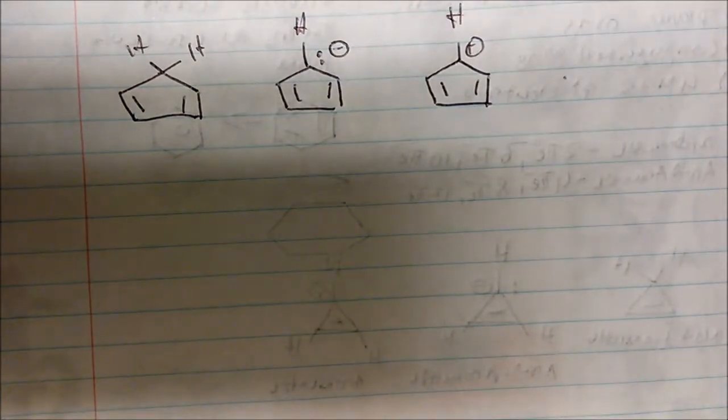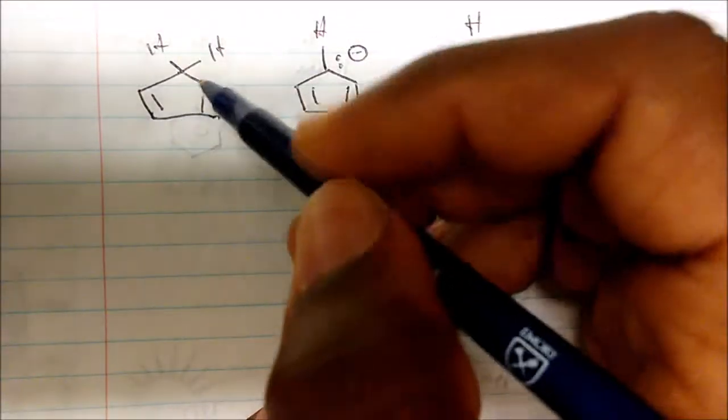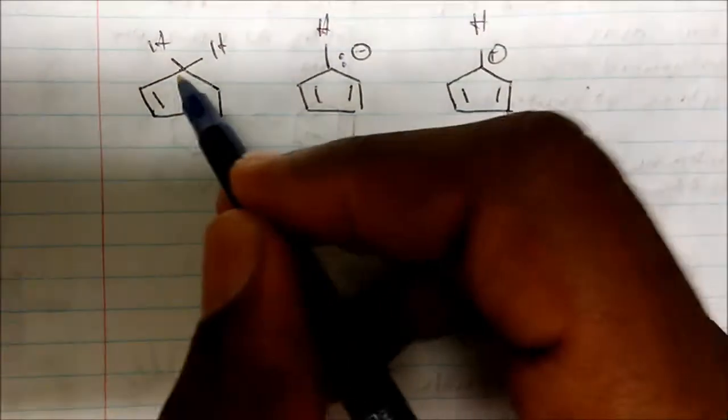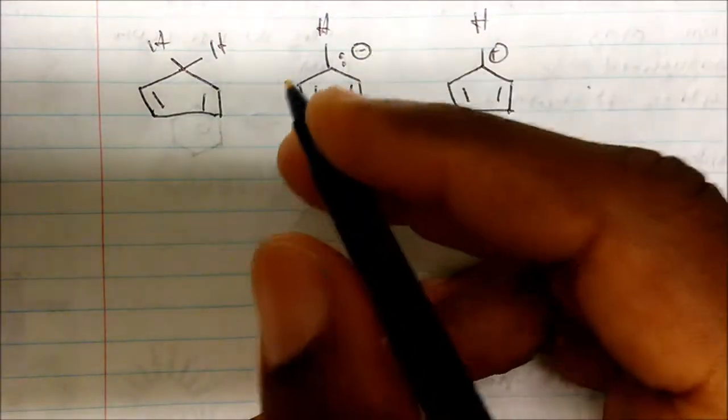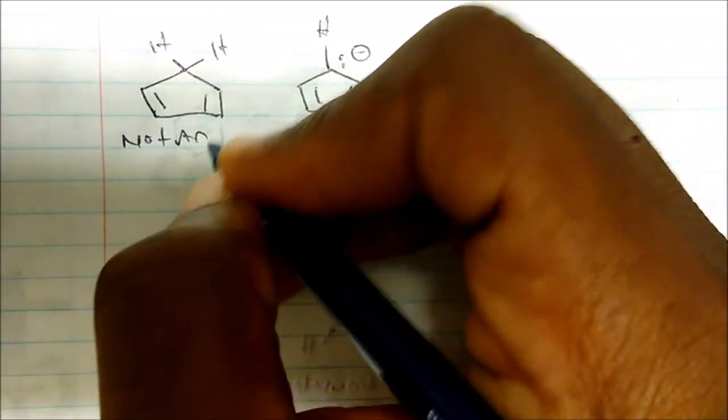Are these aromatic, anti-aromatic, or non-aromatic? The first rule we're going to look at is: are all our atoms sp2 hybridized? No. This has 4 electron groups around it. That's sp3. Once we break that first rule, this cannot be aromatic or anti-aromatic. So this is non-aromatic.